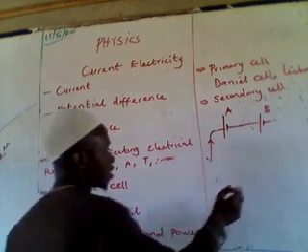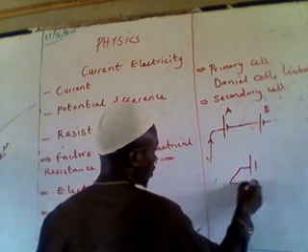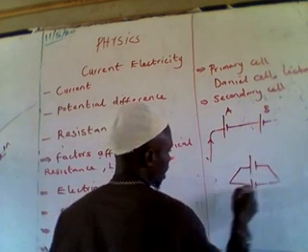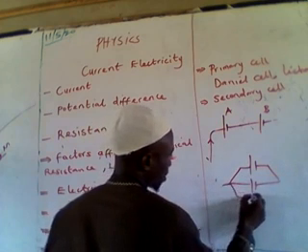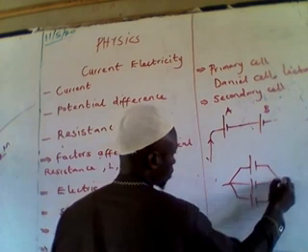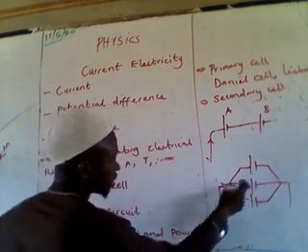Unlike when you have cell A, another cell B, and let's assume another cell making it three cells. Now let's assume that the current flow is entering the cells like this.